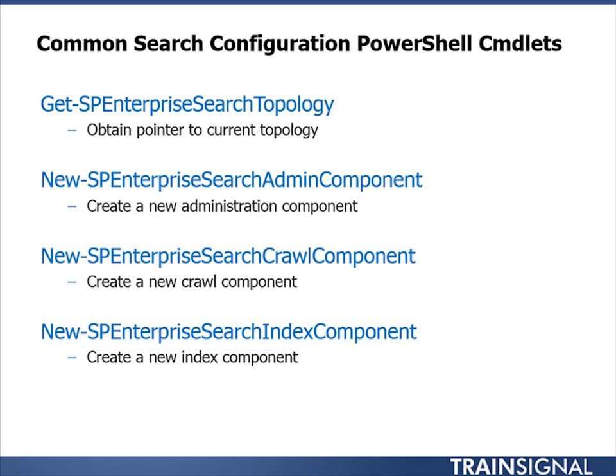When we want to connect to our service application, we simply call Get-SPEnterpriseSearchTopology. When we want to create a brand new admin component, a brand new crawl component, or a brand new index component, we've got the appropriate commandlets for managing all of that as well. And if you want to modify any of the values, or remove anything, you have commandlets for that as well.